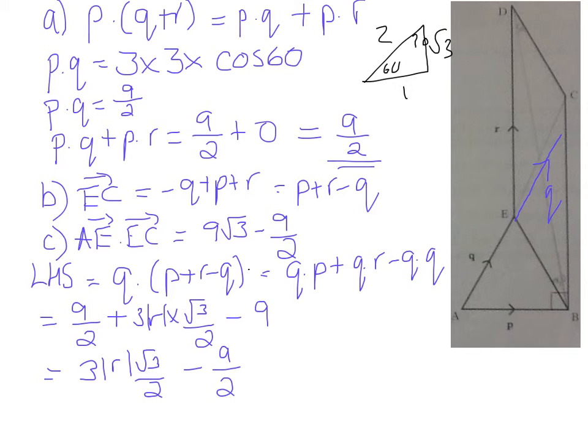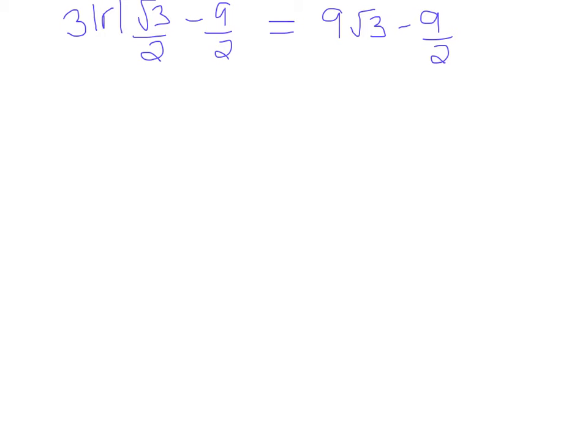Now let's bring the right hand side back in. Okay, so now we've got 3 times magnitude of R times root 3 over 2 minus 9 over 2 is equal to 9 root 3 minus 9 over 2. I'm just going to rearrange and solve for R. So we're going to add 9 over 2 to both sides, so then we end up with 3 root 3 over 2 times the magnitude of R equals 9 root 3.